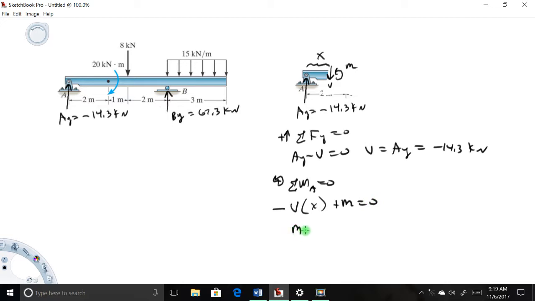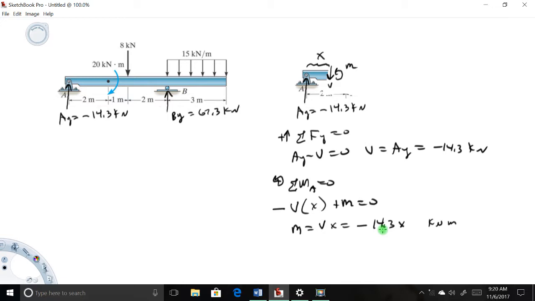So our moment function, we're going to get by adding this to the right-hand side. So that's going to be the shear force times x, with the shear being minus 14.3 kilonewtons, times x. Let's write that as minus 14.3x, and that comes out in kilonewton meters, because the minus 14.3 was in kilonewtons and x would be in meters.